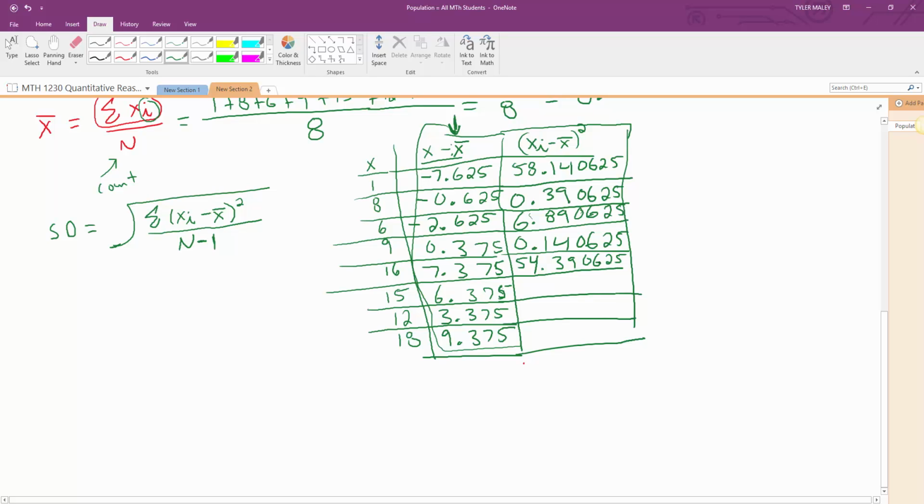Next take 6.375 and square that, and I get 40.640625. Then 3.375 squared, so I get 11.390625. And lastly we have 9.375 and square that. I get 87.890625.